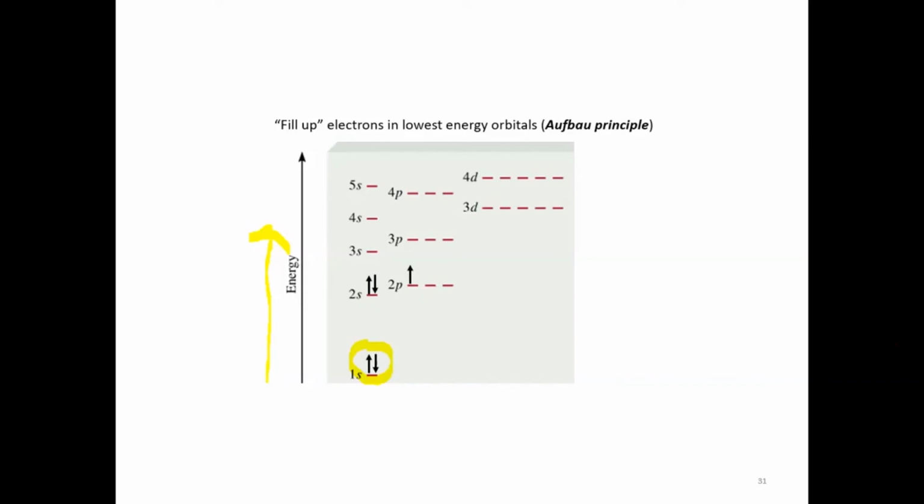I can put my 5th electron in any one of those 3, and I can put it in any spin orientation that I want. I'm going to put it on the left one just because my brain reads from left to right. Just keep it simple like that, right? So the configuration here would be 1s2, 2s2, 2p1. So boron has 1 electron in the 2p subshell.